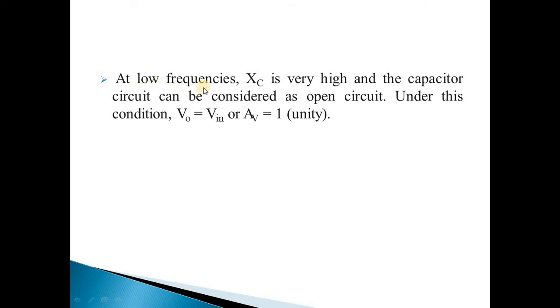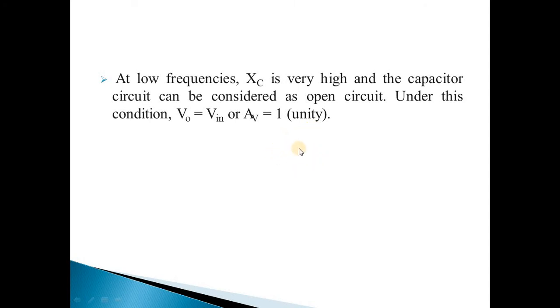We know at lower frequencies capacitor reactance is very high and the capacitor can be considered as an open circuit. Under this condition, Vout will be equal to Vin, or voltage gain will be equal to 1, that is unity. We have seen the basic circuit for low pass filter.